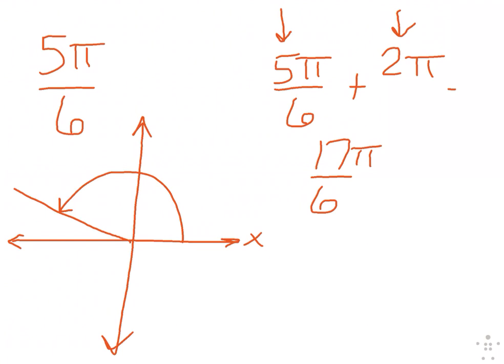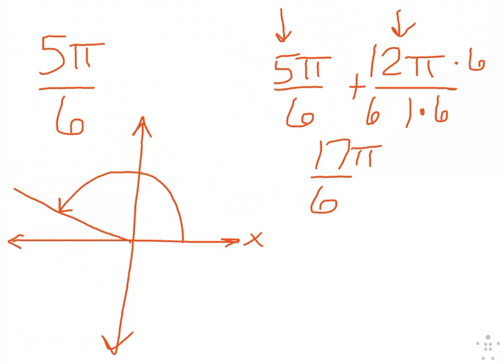Now, if you don't want to use the calculator, I get it. If you put the 2 over 1, this goes back a long time in your educational careers. How do you add and subtract fractions? Right. A common denominator is needed. What's a common denominator between 1 and 6? 6. So you'd multiply this by 6 and this by 6, which would give me 12 over 6. And then you add the tops. What's 5 plus 12? 17 over 6. Same thing I got with the calculator, right?